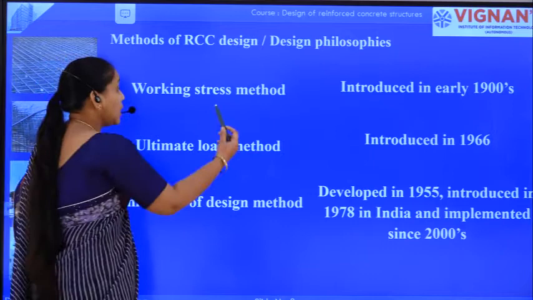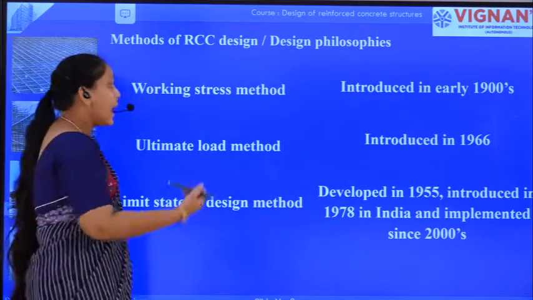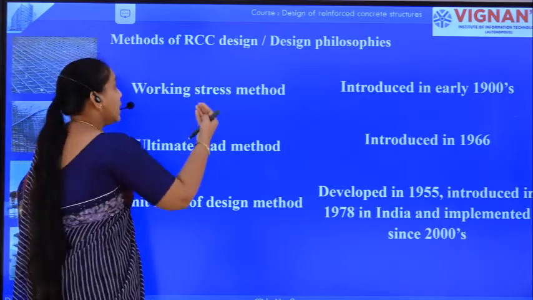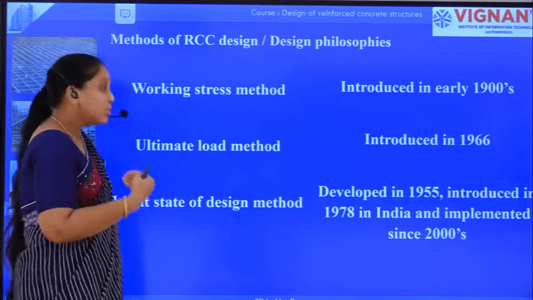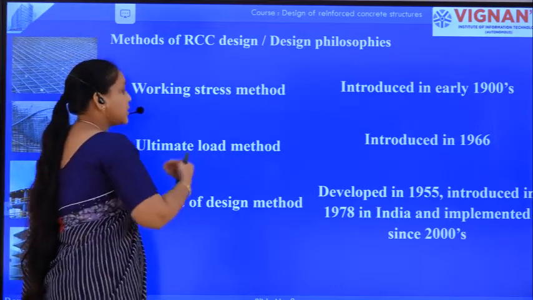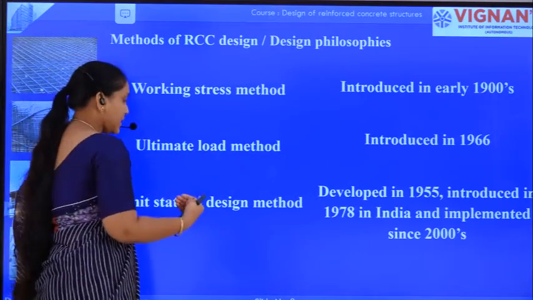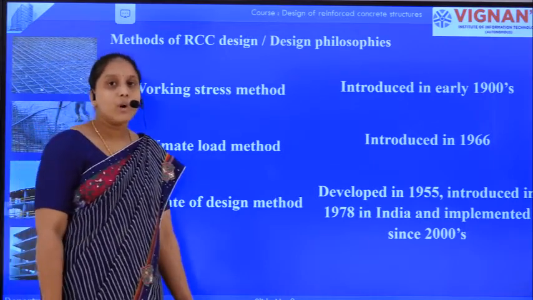All these methods, the working stress method being the traditional method, and based on its drawbacks they made changes and brought the ultimate load method. As there were still more drawbacks in the ultimate load method, finally they came up with the limit state design method, which we are currently using.